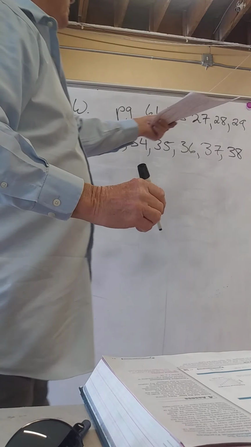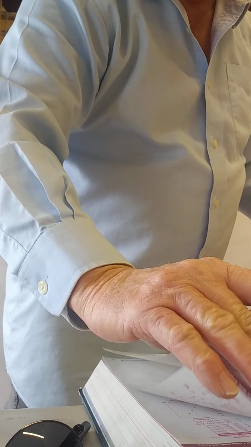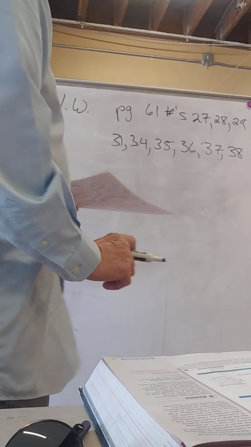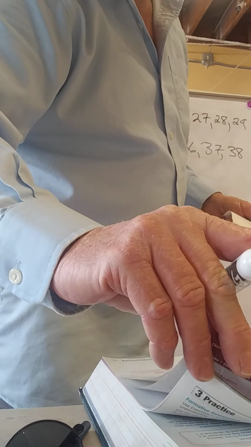All right? 1, 2, 3, 4, 5, 6, 7. Okay. And these are not too scary. So page 61 takes us over to 38. Yes. All right. That's it.